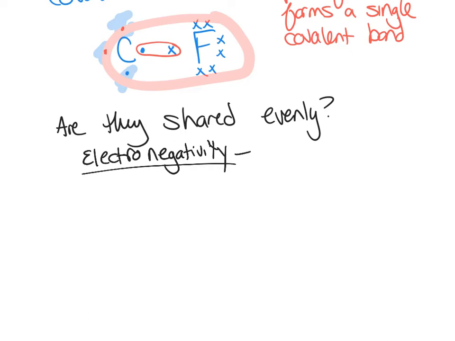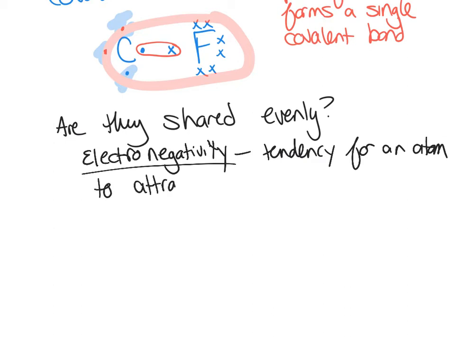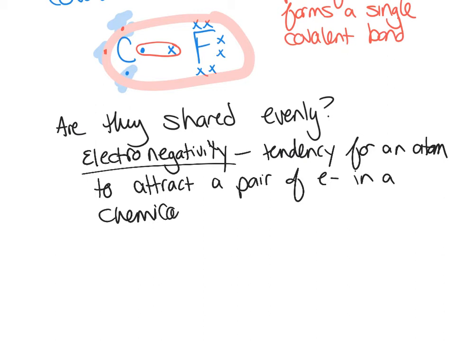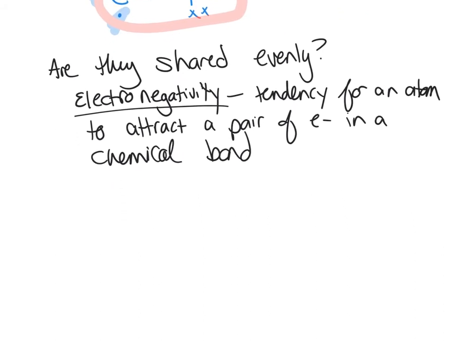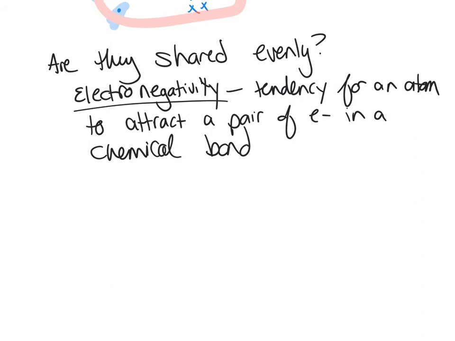So the official definition of electronegativity is the tendency for an atom to attract a pair of electrons in a chemical bond. Okay, so how strong is that atom in the tug of war over those electrons, right?